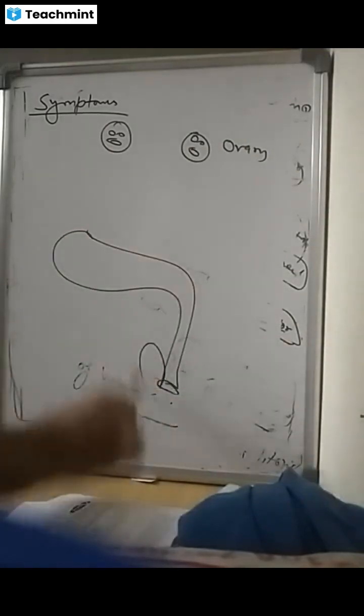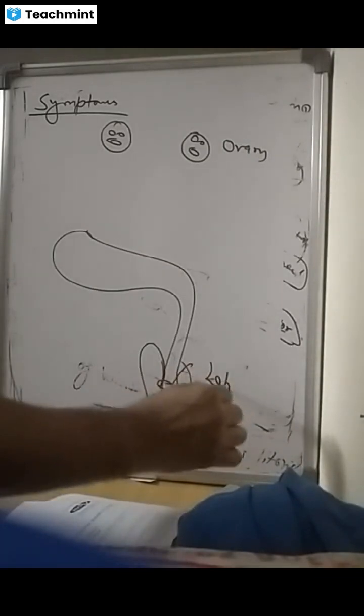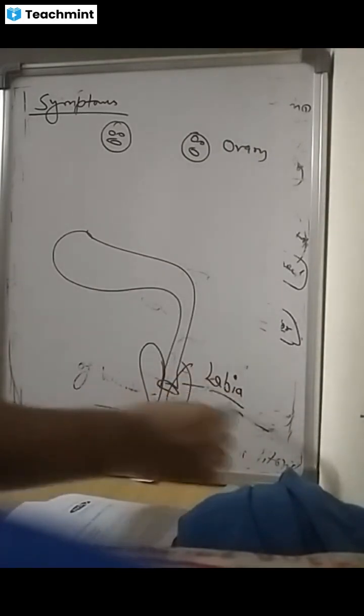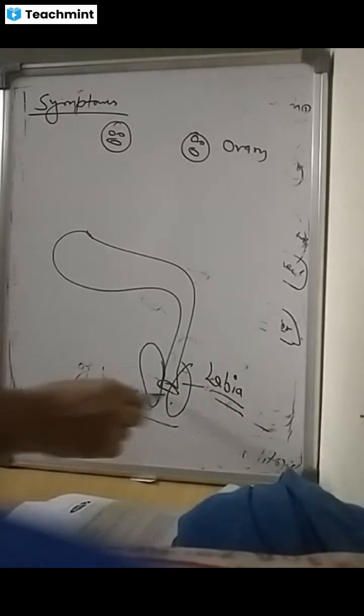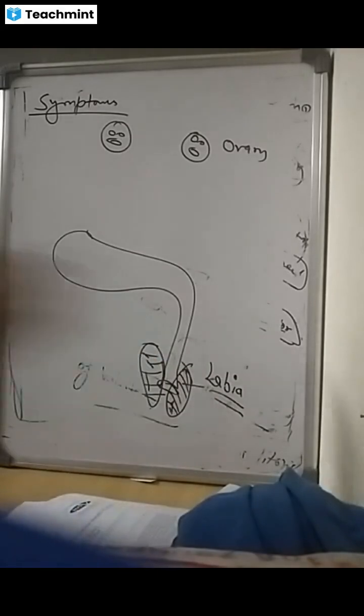Now the symptoms and signs. These are the ovaries, and here we have the labia of the vulva.